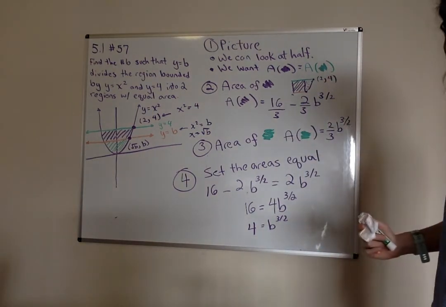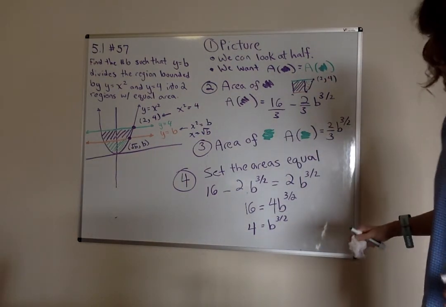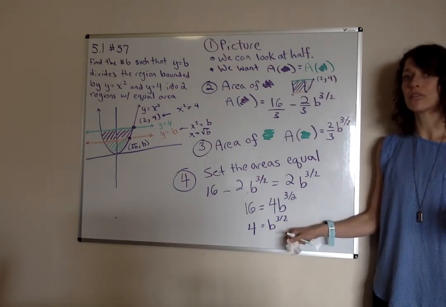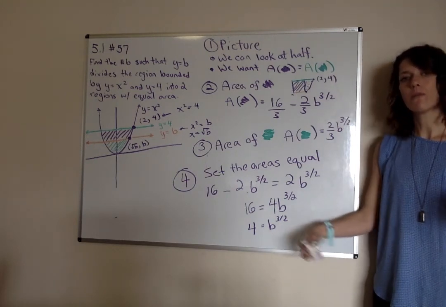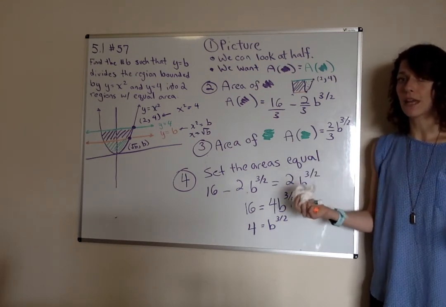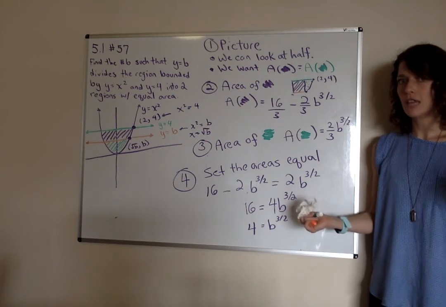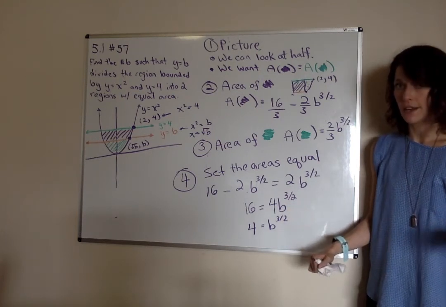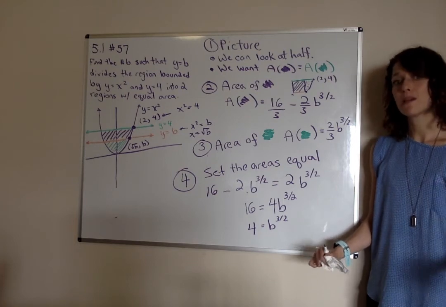Now, to get rid of a power of 3/2, you raise it to the 2/3. Remember that when you raise a power to a power, you keep the base and multiply the exponents. So you're thinking about what do I have to multiply 3/2 by to get a 1? You multiply by the reciprocal.